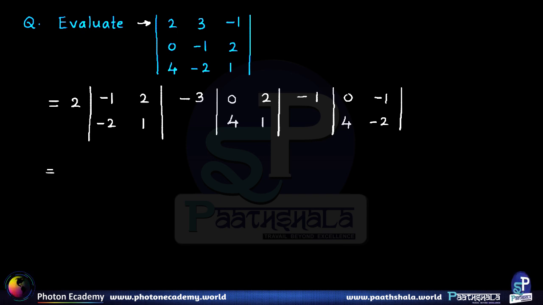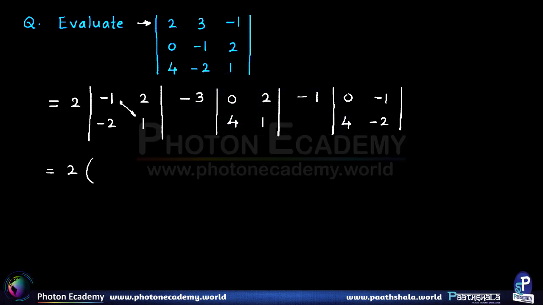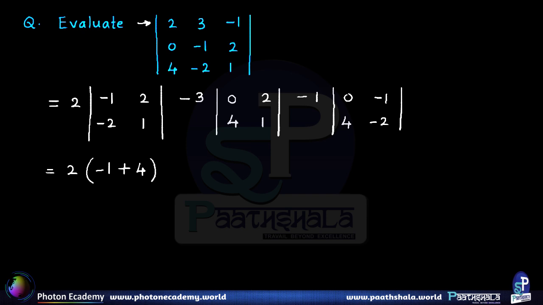Moving further, we have already seen how to evaluate a 2 by 2 determinant. First the product of diagonal elements gives us minus 1 into 1, which is minus 1. And from that we have to subtract the product of the other two elements, which is minus 2 into 2, which is minus 4. Since we have to subtract it, it will become plus 4. Next, similarly we have minus 3.